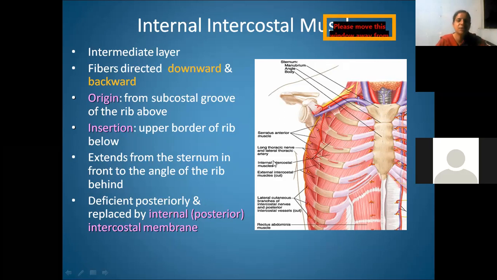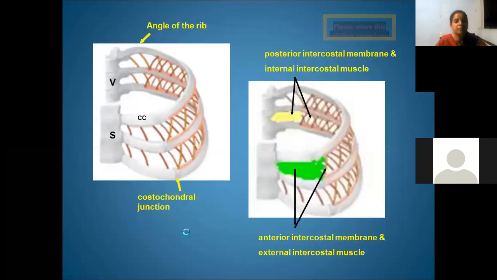So this is deficient posteriorly. External was deficient anteriorly, internal is deficient posteriorly, where you will have posterior intercostal membrane. Now you can see the muscles here. This whole thing is rib, where it takes a sharp bend, you call it the angle of rib.